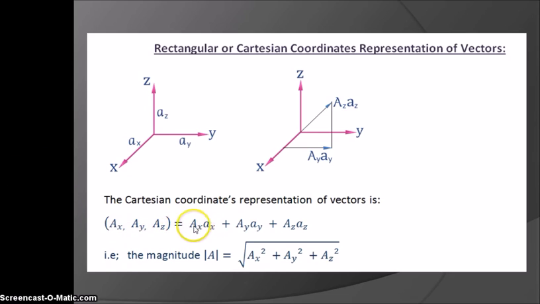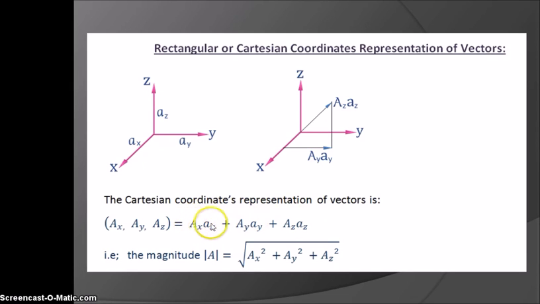So in Cartesian coordinate representation, we would show our vector as A = Axax + Ayay + Azaz. Take note of how it's written. See that? Plus this, plus this. Each of these are called components of a vector.